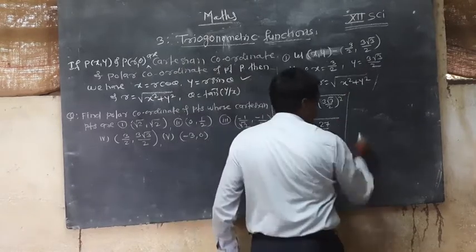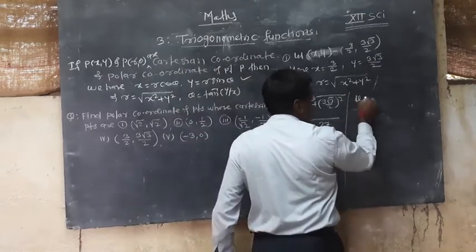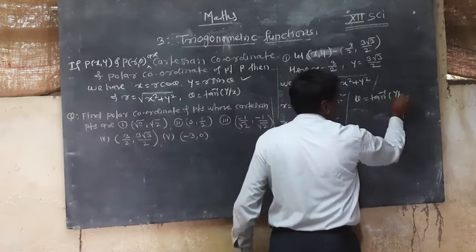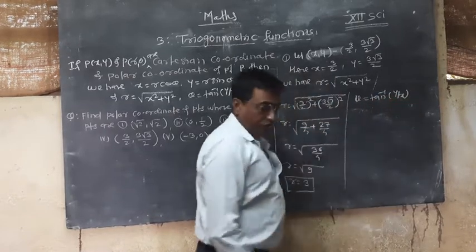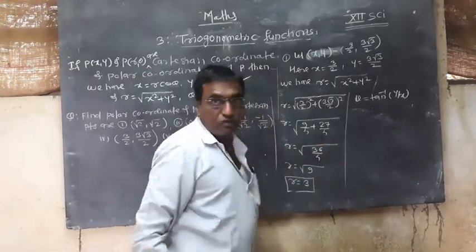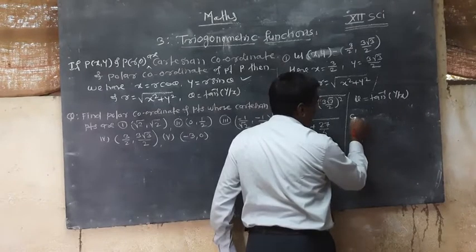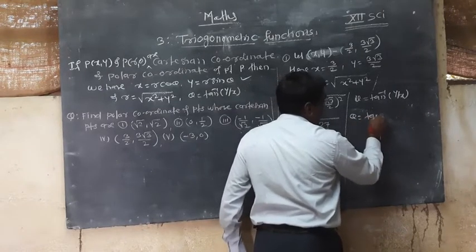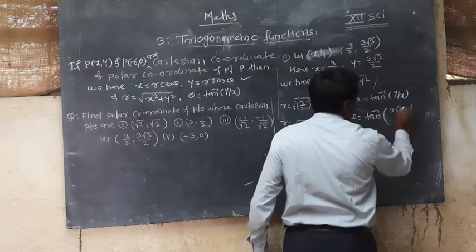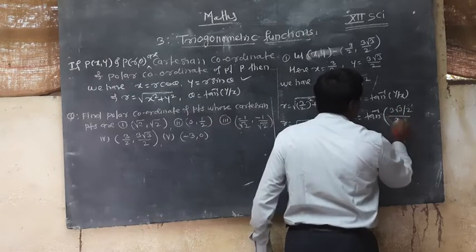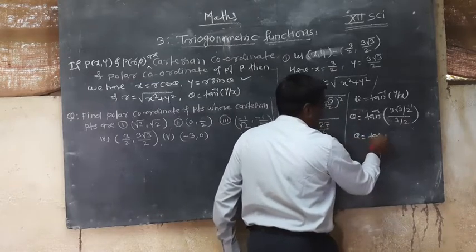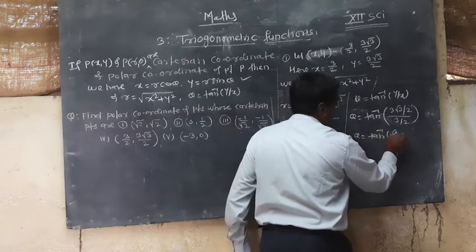Again we have theta is equal to tan inverse of y upon x. Use this formula directly, otherwise you can calculate the values of sin theta and cos theta and then use the formula tan theta is equal to sin theta upon cos theta, otherwise directly use that. Therefore tan inverse of 3 root 3 divided by 2 divided by 3 by 2. By simplifying we get tan inverse of only root 3.